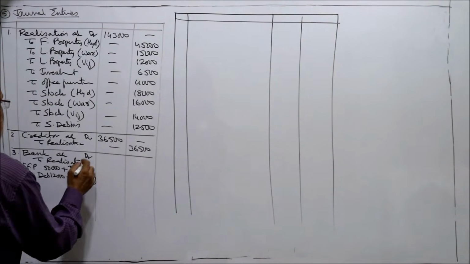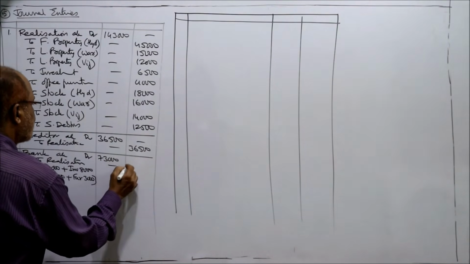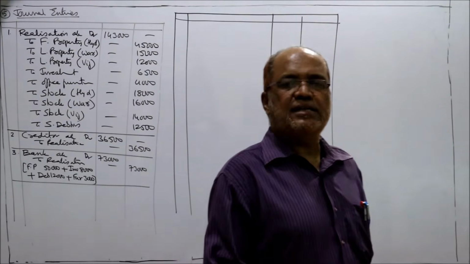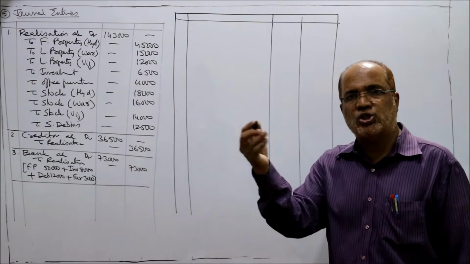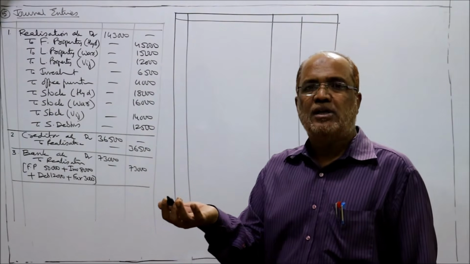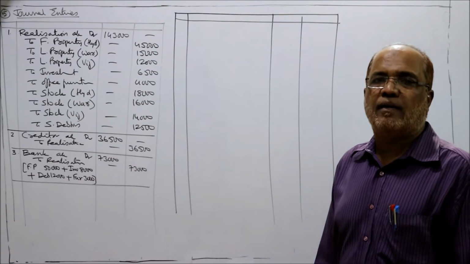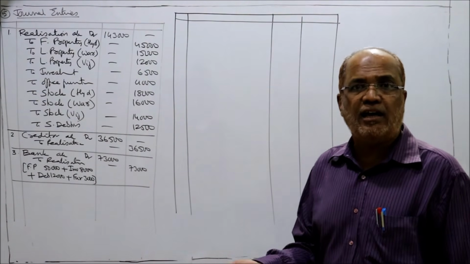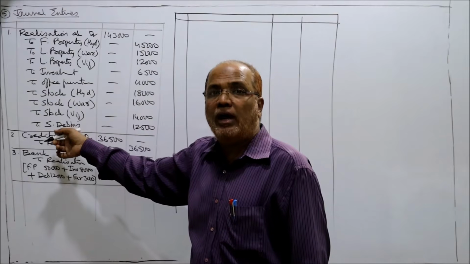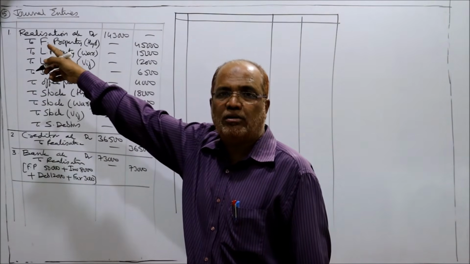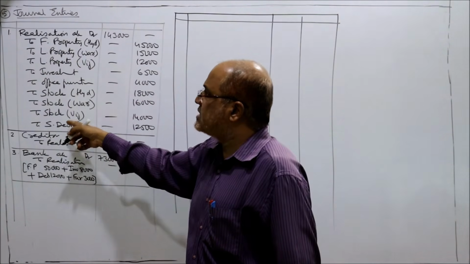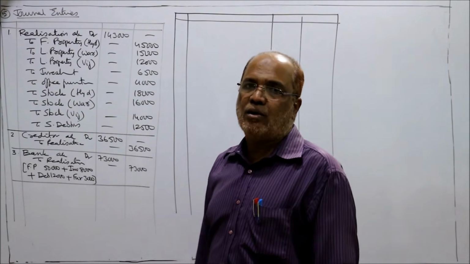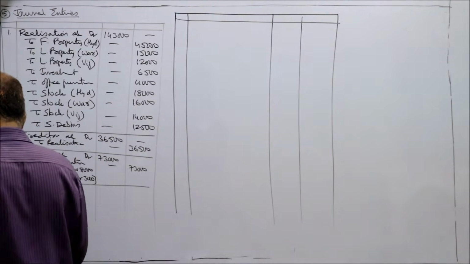Add up these four amounts, you get 73,000. Being the assets realized, four assets are sold and cash is received. So we debit bank, as the money is coming in, and credit realization for the assets going out, because the assets no longer exist. In the first entry we transferred all assets to realization. Now we don't have the accounts of all these assets. Now the money that comes on selling comes through realization, so bank account debit to realization, being the assets realized.